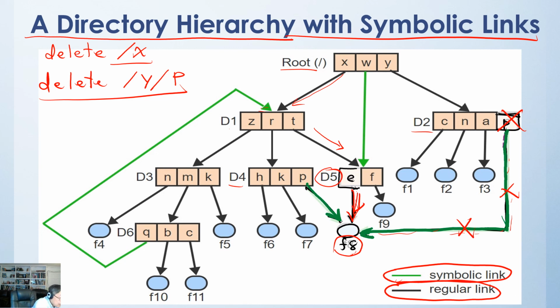That means through X, and then through T, and then through E, right? So I delete F8 through this path. And now I find out this path is a regular path.